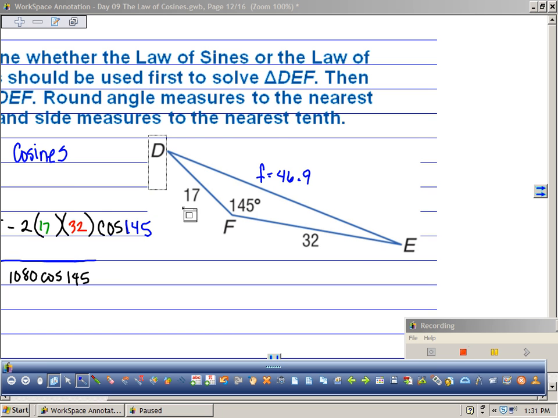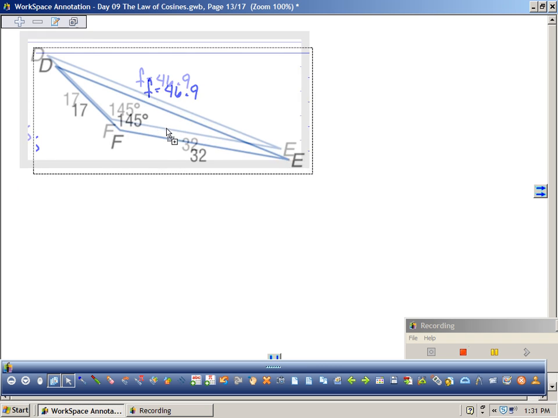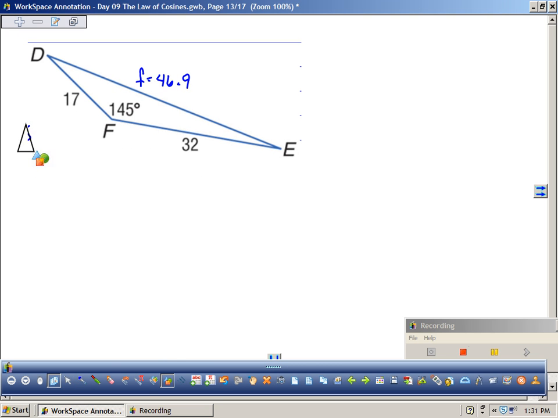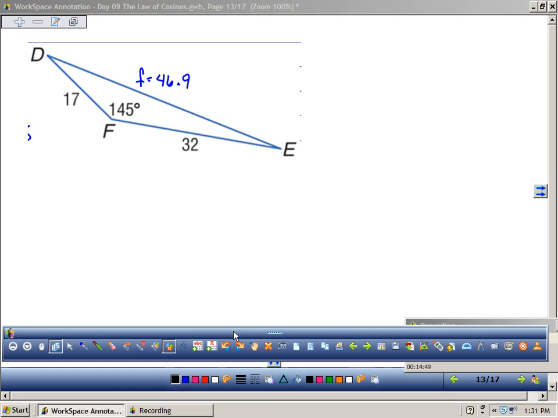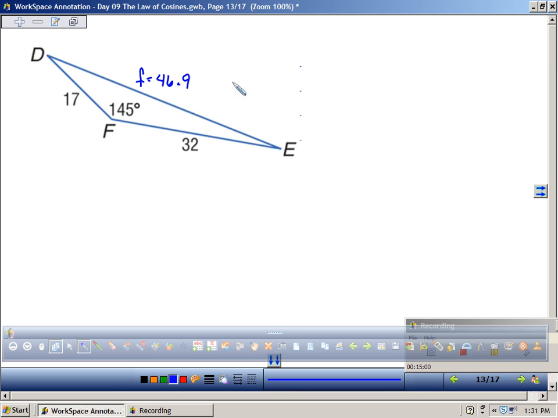Okay, let's go on to the next page with this piece of information. Now that I've got this piece of information, now what do I do? Law of sines, right? Because now we have enough information to use the law of sines. The law of sines doesn't have all three sides; it has to have an opposite.